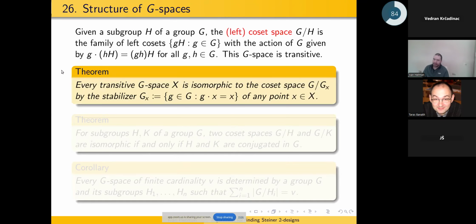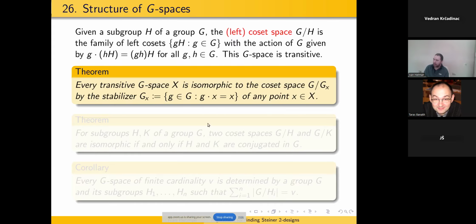And then there are important theorems that I will use to structure the algorithm later. The first theorem is that every transitive G space is isomorphic to the coset space G with Gx, where Gx is the stabilizer of any point x.